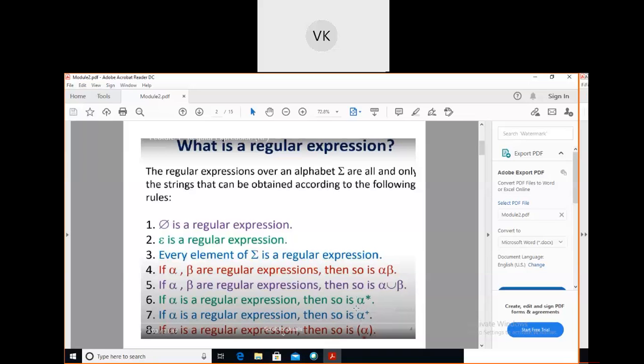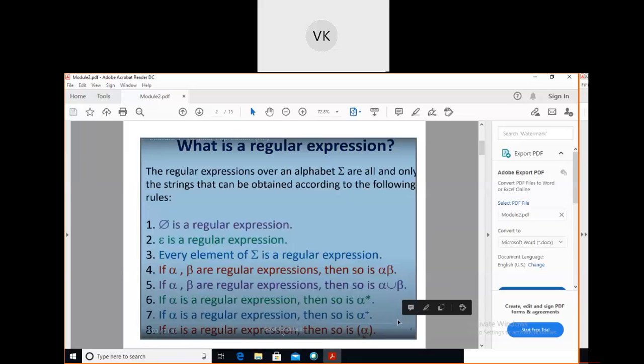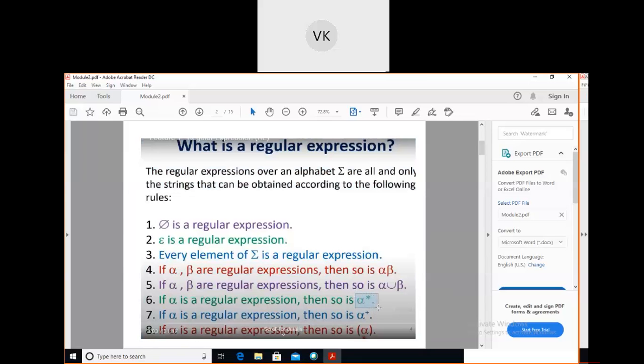Alpha raised to star means null or many times alpha.